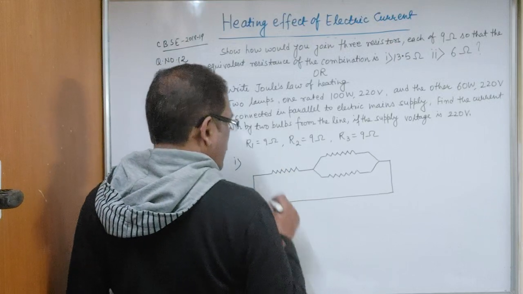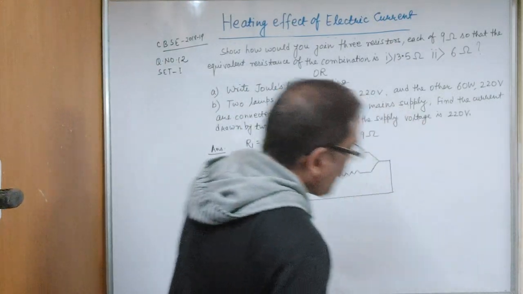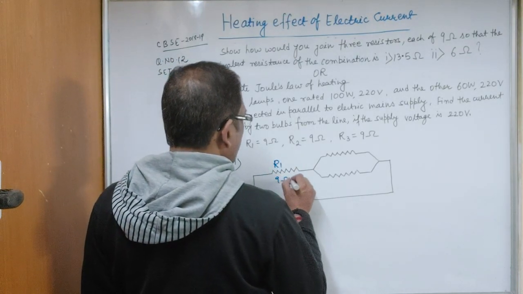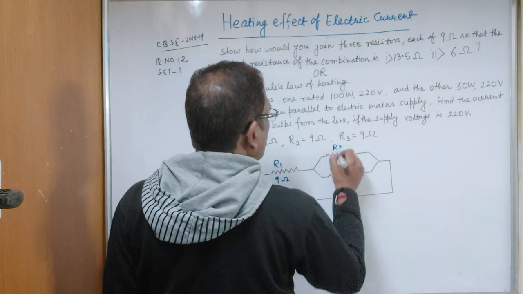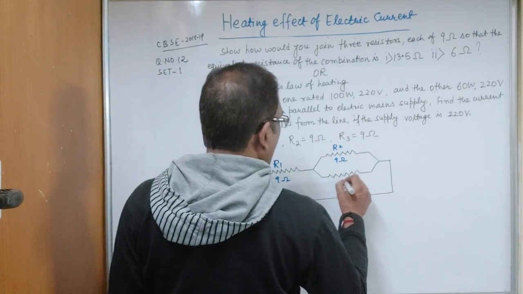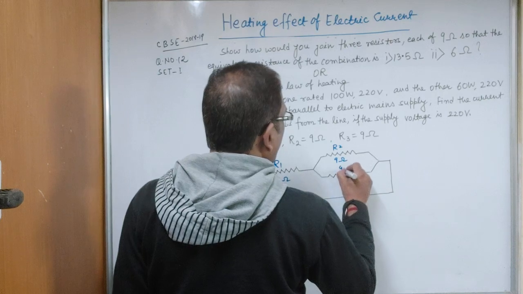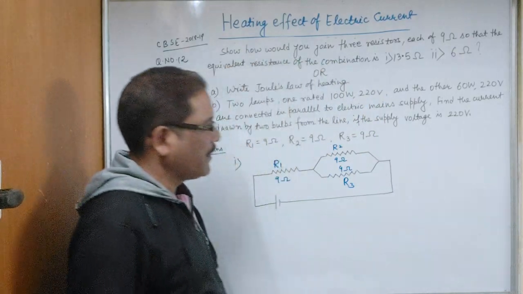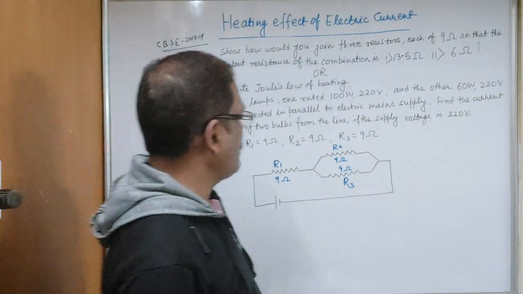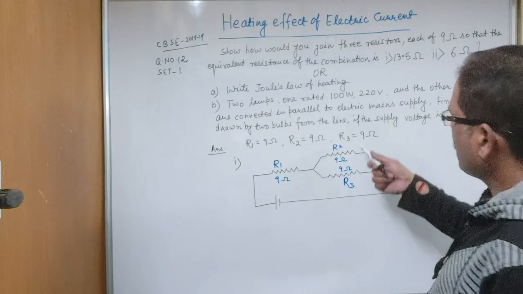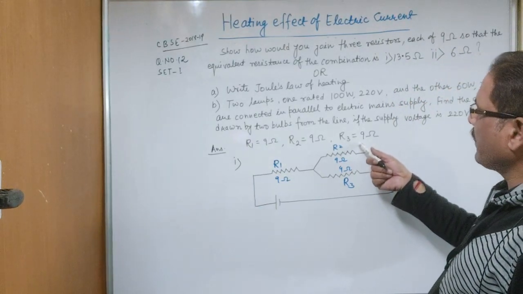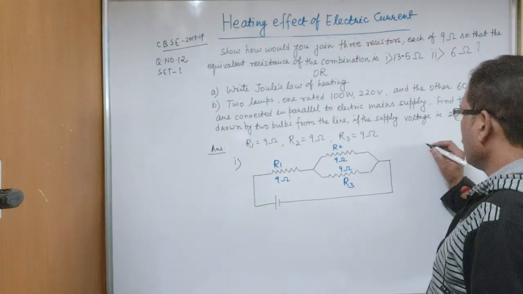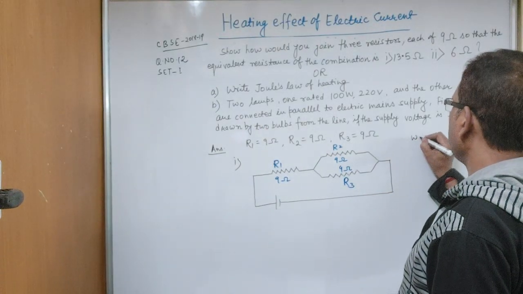So let this be R1, 9 ohm, this is R2, also 9 ohm, and R3, 9 ohm. Now try to find out the equivalent resistance in this combination.